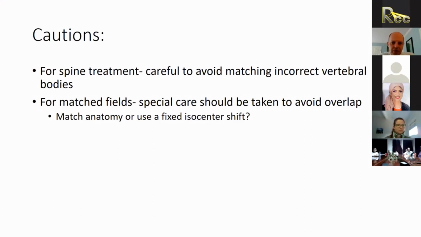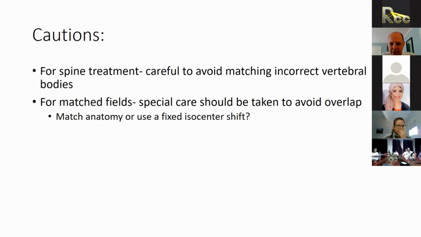For matched fields, where let's say you have a superior and an inferior treatment that are going to be matched, you should take special care to avoid overlap. This is something to think about in these types of situations. If you've got a fixed isocenter, or if you have 2 different isocenters, are you going to set up based on one of them and then just do a fixed shift?